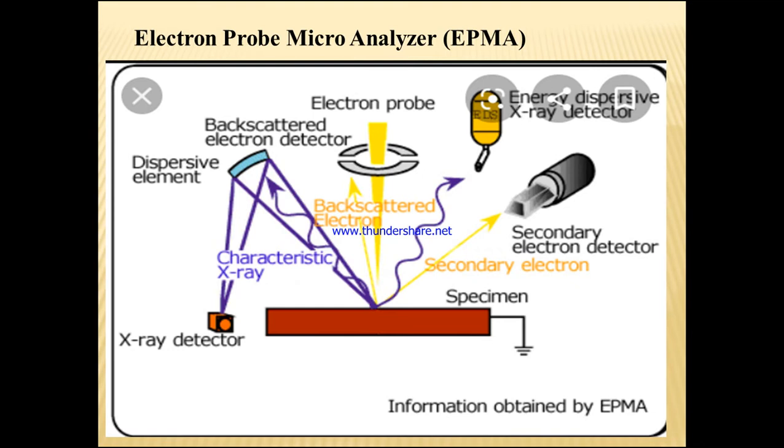Those emitted electrons are the secondary electrons. The high energy electron is absorbed by the specimen, and it makes other electrons emit from the specimen. The secondary electrons which are emitted will be detected by the detectors. In the same way, the X-rays emitted due to the empty space are the characteristic X-rays emitted from the specimen.